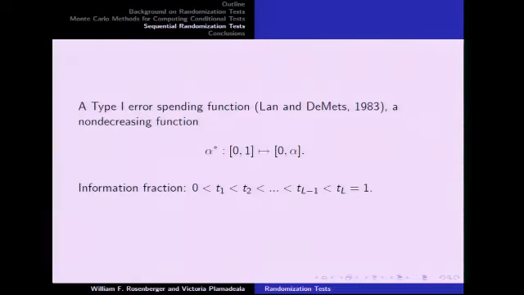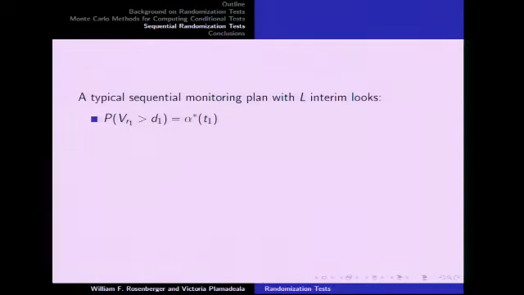I'm going to use a type 1 error spending function, the Lan-DeMets procedure, and all that does is it's a function that maps 0, 1 to 0, alpha. Typically, you would calculate an information fraction at each inspection to determine the proportion of the information that's been examined so far.